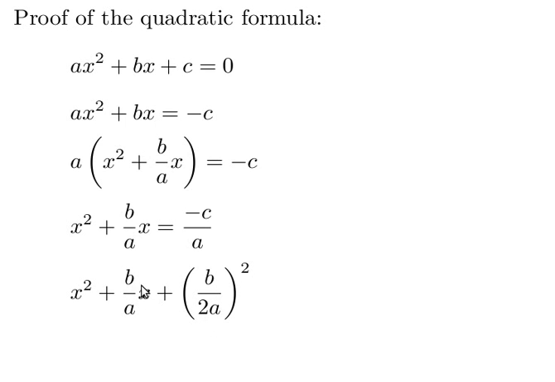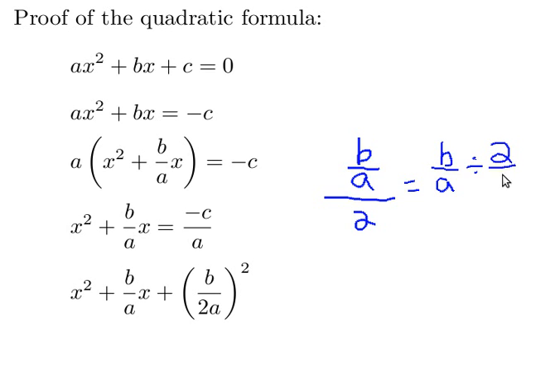So half of b over a, so that means I'm going to be doing b over a, and half of that is all over 2. Well, let's think of it this way. This is the same thing as b over a divided by 2, and 2 is the same thing as 2 over 1.